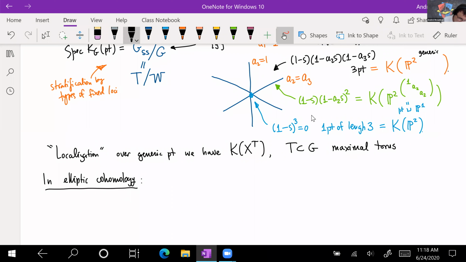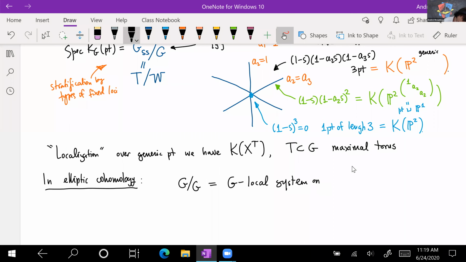So the first question is, what is the elliptic homology of a point? Maybe I start with G cross G. What's G over G? G over G is the same as G local systems on a circle, right?